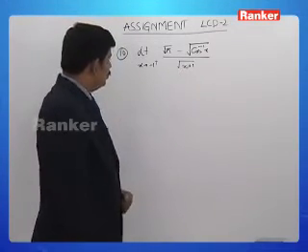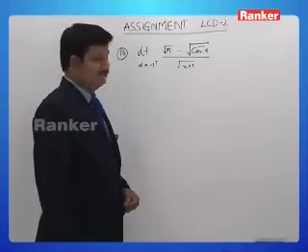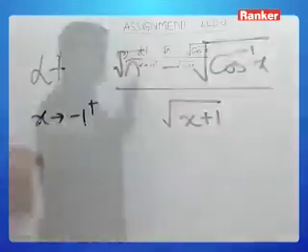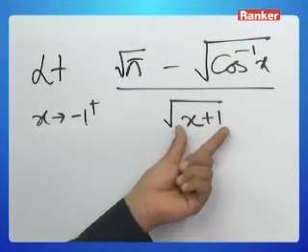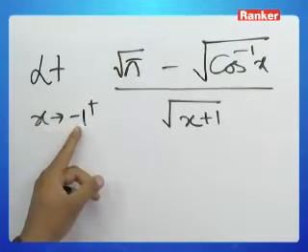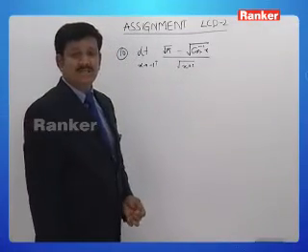Again, to evaluate this limit, we can approach in numerous ways. Before that, let us understand what this limit is all about. As x tends to minus 1 plus, x plus 1 would be 0 and x is slightly greater than minus 1, so x plus 1 will be slightly greater than 0.